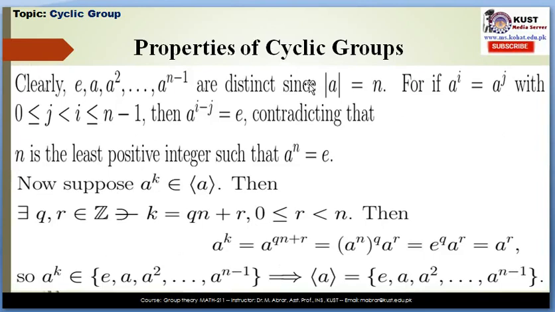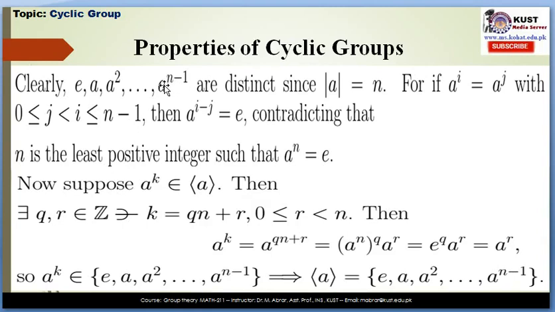So look here, because the order of a is n, by definition all these powers starting from 0, 1, 2 up to n minus 1 are distinct, they cannot be the same. None of these can coincide with any other. Let's assume that for some i and j, a^i is equal to a^j, with i and j less than or equal to n minus 1.